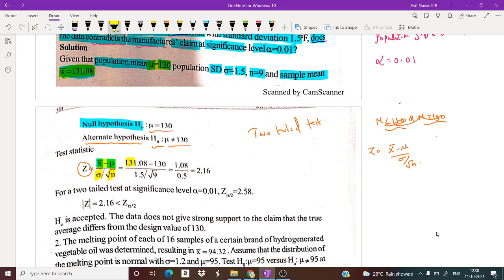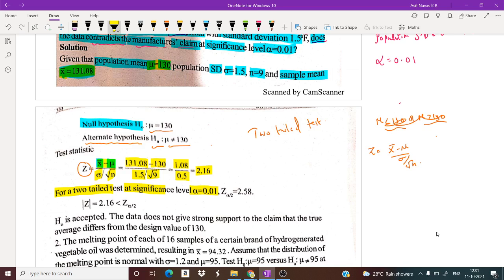So 131.08 minus 130 divided by 1.5 divided by root 9, that is equal to 1.08 divided by 0.5. So the value is 2.16.